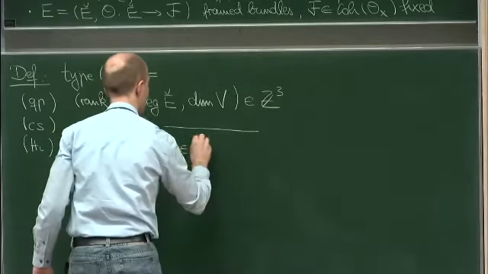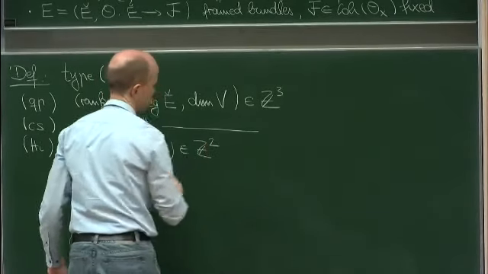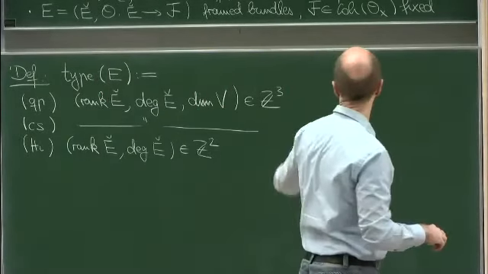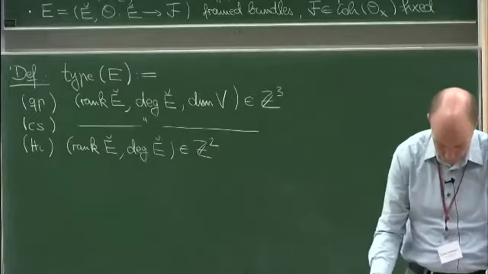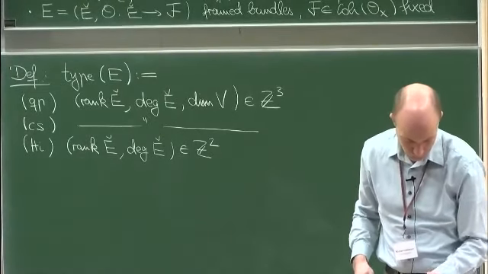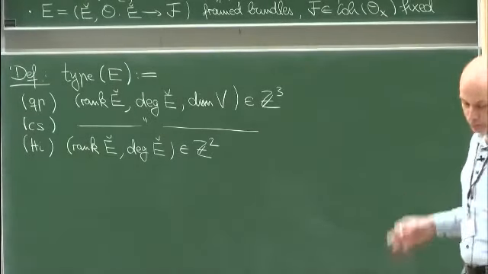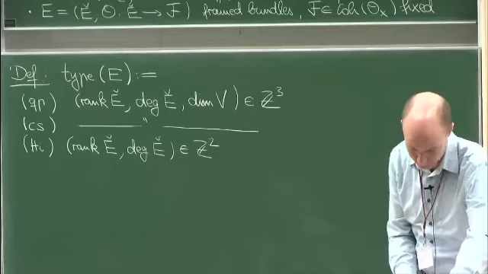So in this case, the type is a pair of integers. And in general, it will always be a vector of integers, which gathers the discrete numerical invariants.